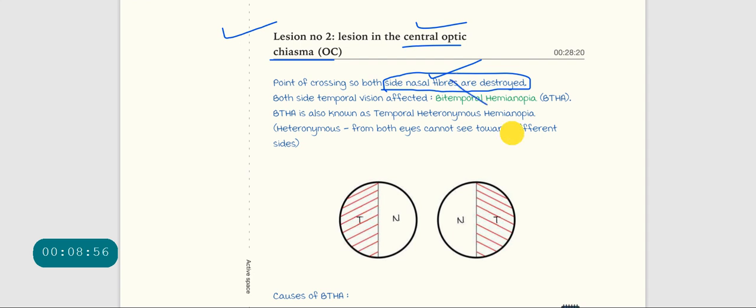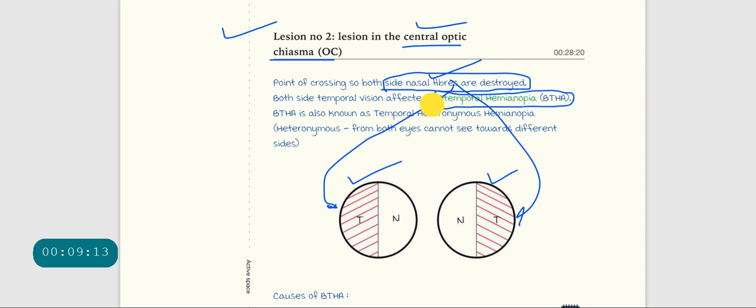If both sides' temporal vision is affected, this is bitemporal hemianopia, BTHA. This bitemporal hemianopia is also called temporal heteronymous hemianopia.